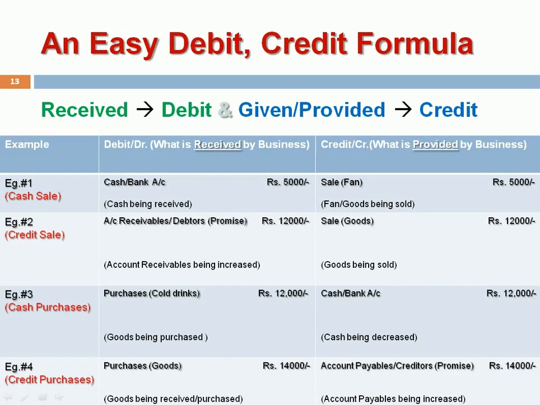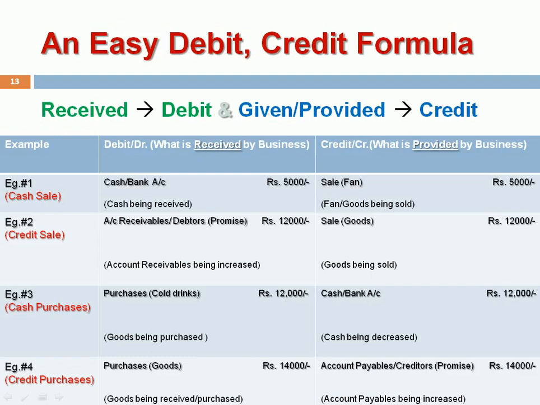Look at this table, how we would write these transactions. In the first example, which is a cash sale, we will write in debit what is received by the business. So in example 1, the business received cash or bank of rupees 5,000, and in description we will write cash being received.